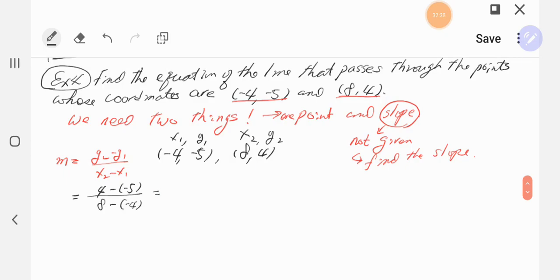Then this is equal to 4 plus 5 over 8 plus 4, then 9 over 12. Simplify, then 3 over 4. So the slope of this line is 3/4. Can you see it? So we found the slope.